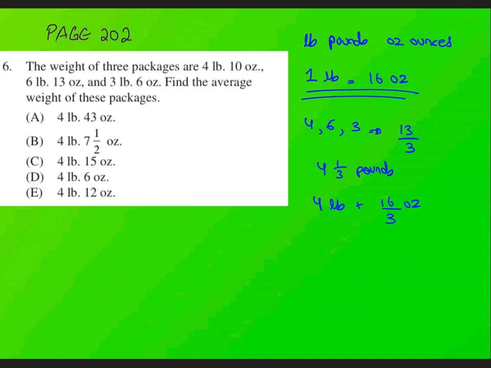Right? Now let's find the average of the ounces, which are 10, 13 and 6 upon 3. So that's basically 29 by 3.